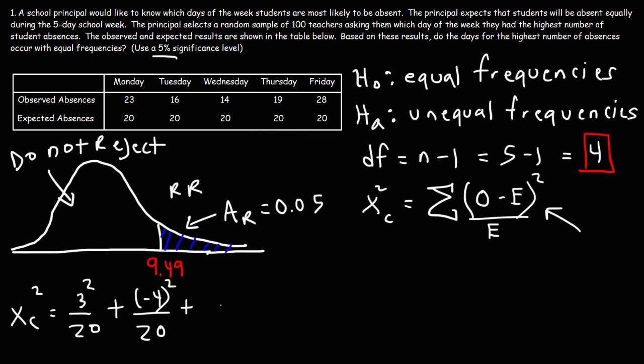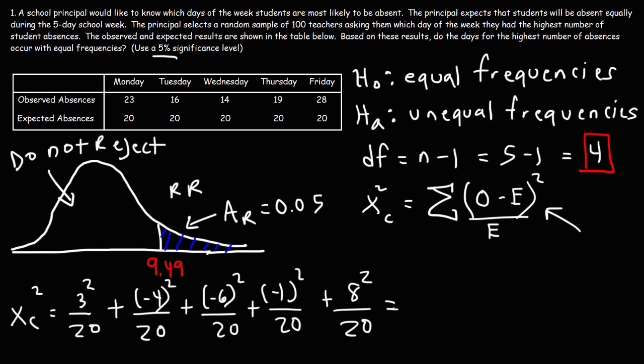Next, 14 minus 20, that's going to be negative 6. And next we have 19 minus 20, which is negative 1. And then for Friday, we have 28 minus 20, which is positive 8. And then we just got to do the math.